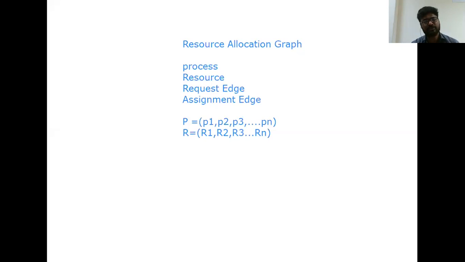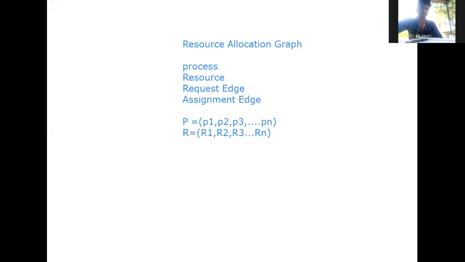So this is resource 1. Then a process can be represented using a circle. You can represent P1 as a process. Now consider this R1 as a printer.